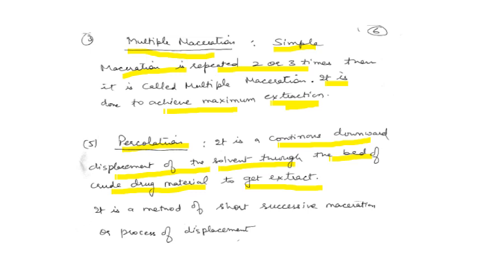Such a method is called percolation. It is a method of short successive maceration or a process of displacement. So we can say a partially concentrated extract is taken out as a process of displacement in the percolation.